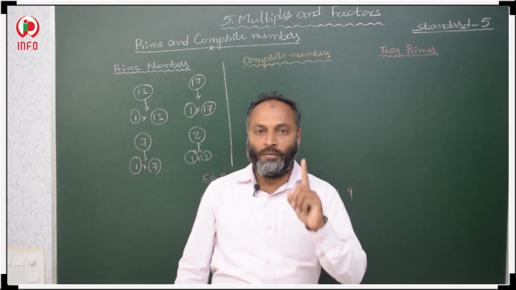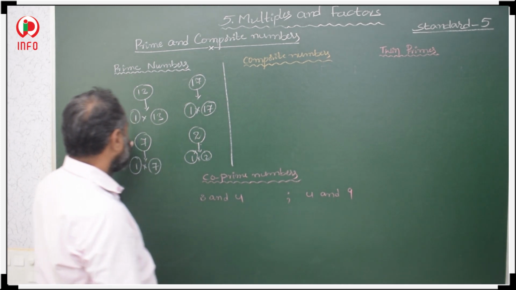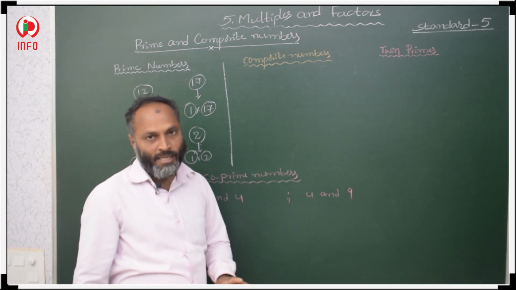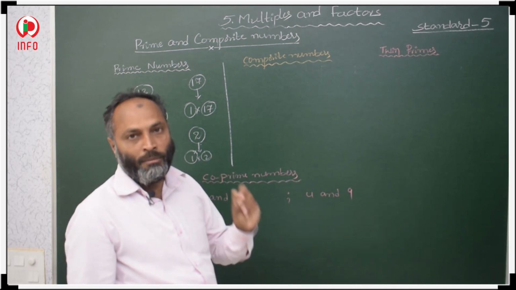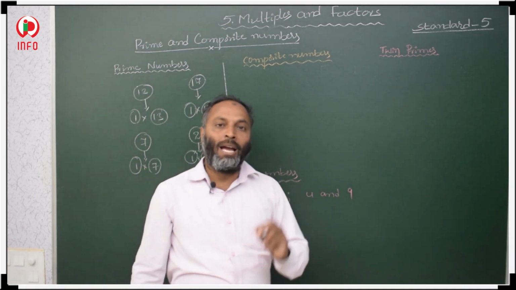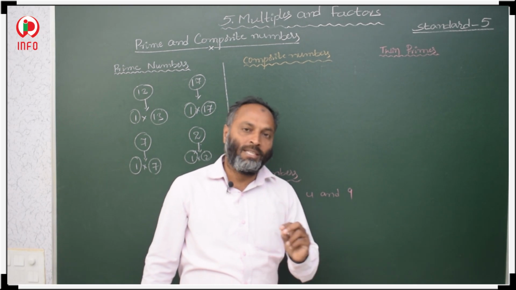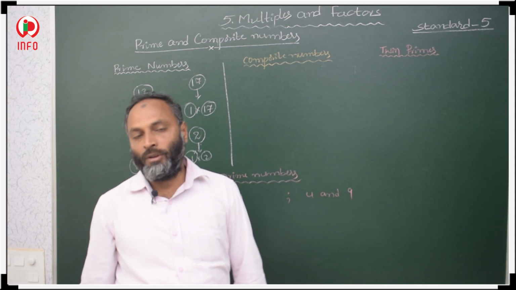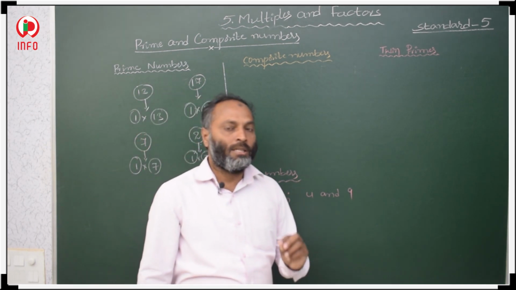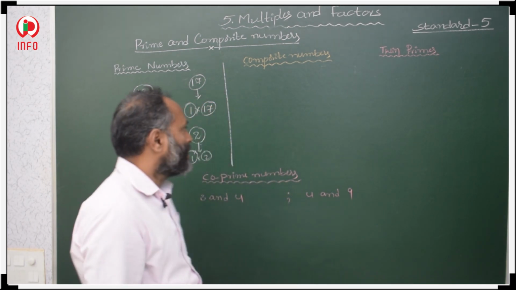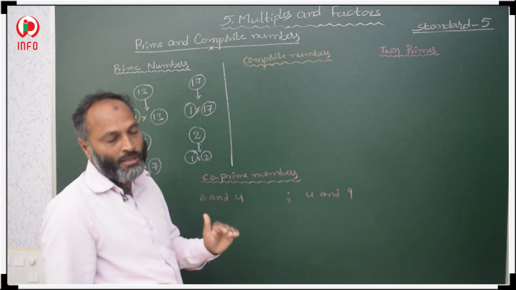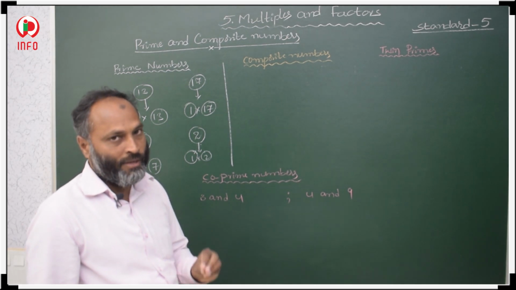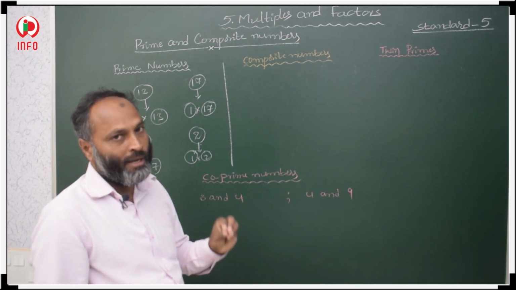The first is that 1 is neither prime nor composite, and the second is that 2 is an even prime number, both even as well as prime. Next, what is a prime number? A prime number is a number which has 1 and itself as factors.